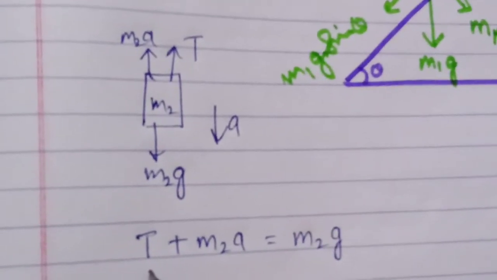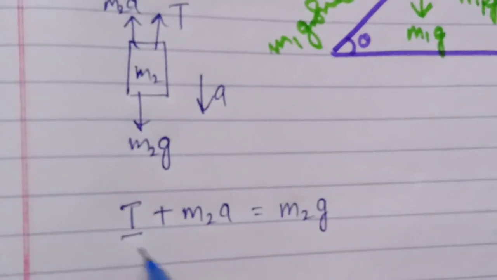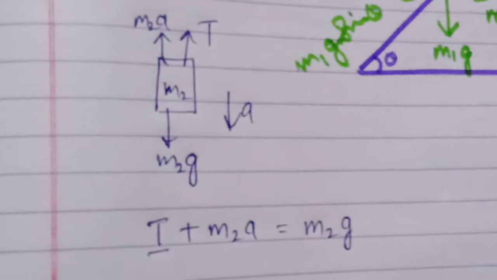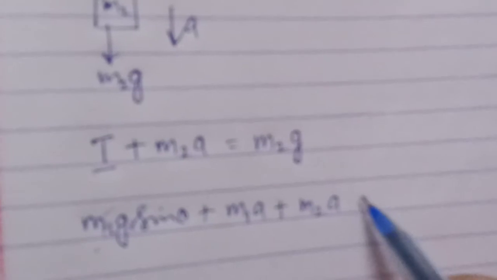Putting the value of T here, so the value of T is m1g sin theta plus m1a, plus m2a is equal to m2g.